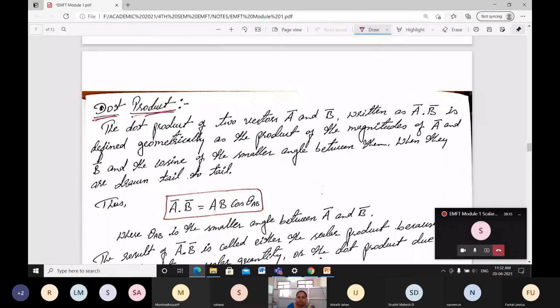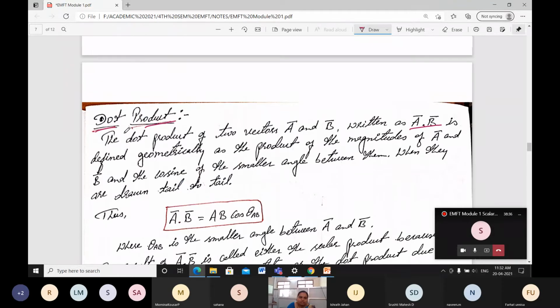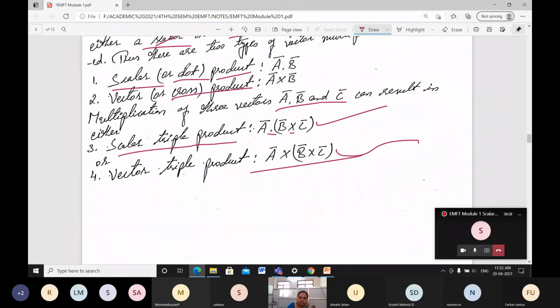A dot product of two vectors, vector A and vector B, is written as vector A dot vector B. It is defined geometrically as the product of the magnitudes of A bar and B bar. Observe here, scalar means a dot.